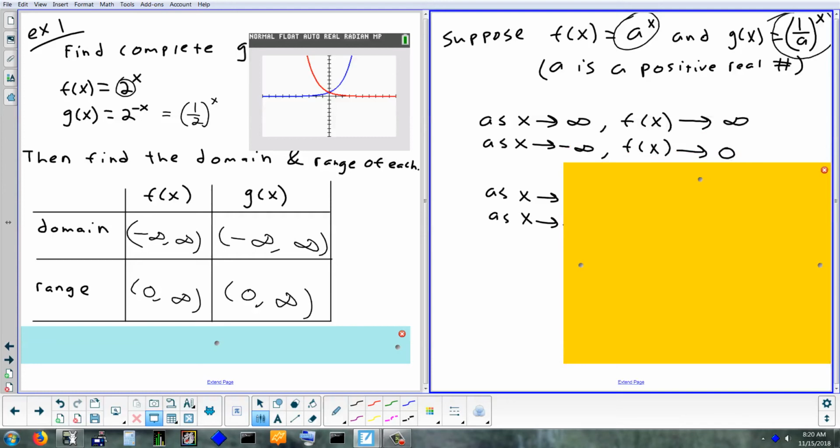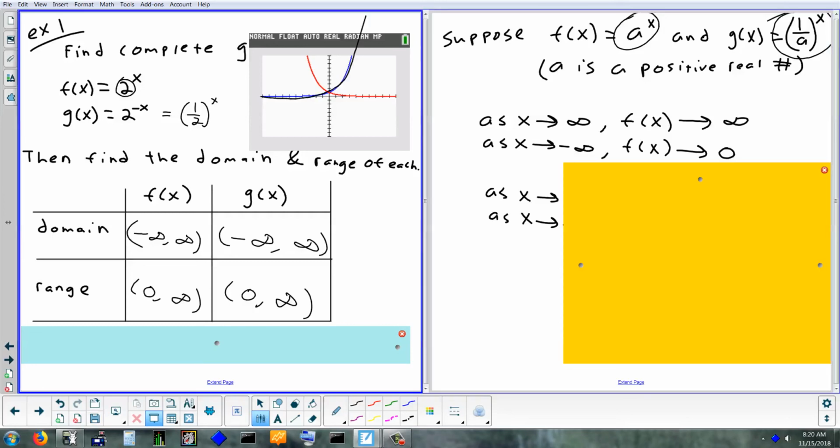So, in general, if you're looking at a graph like f of x, where a is a number bigger than 1, as you head to the right, your y value heads up. So as x gets bigger and bigger, y gets bigger and bigger.